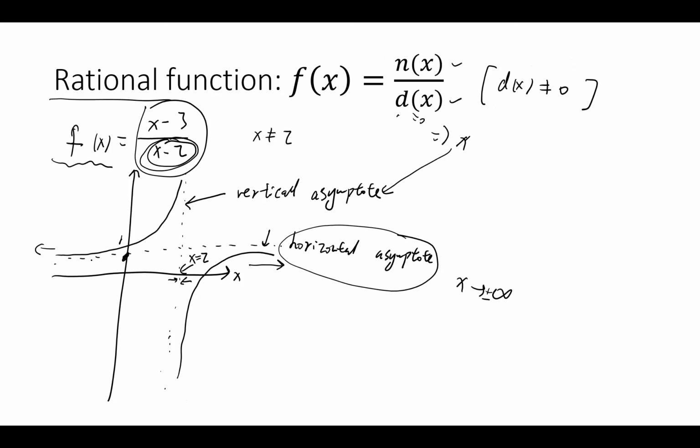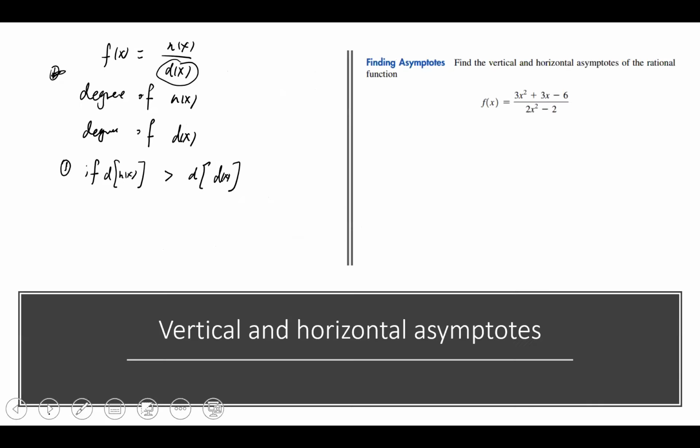So always look at what happens. What's the value of f(x) if x goes to infinity? Now if d(x) is the main force, because it has a higher degree of polynomial... My apologies, this should be the other way around.